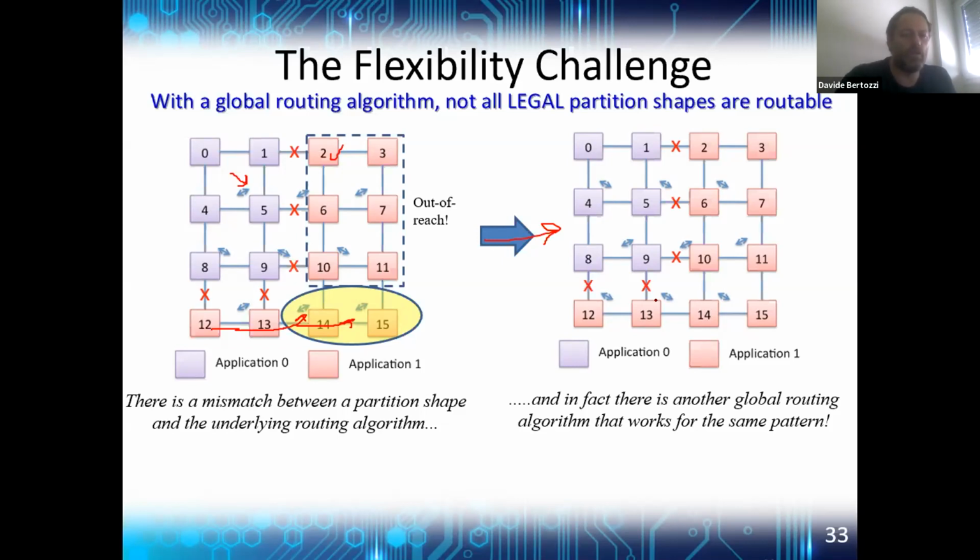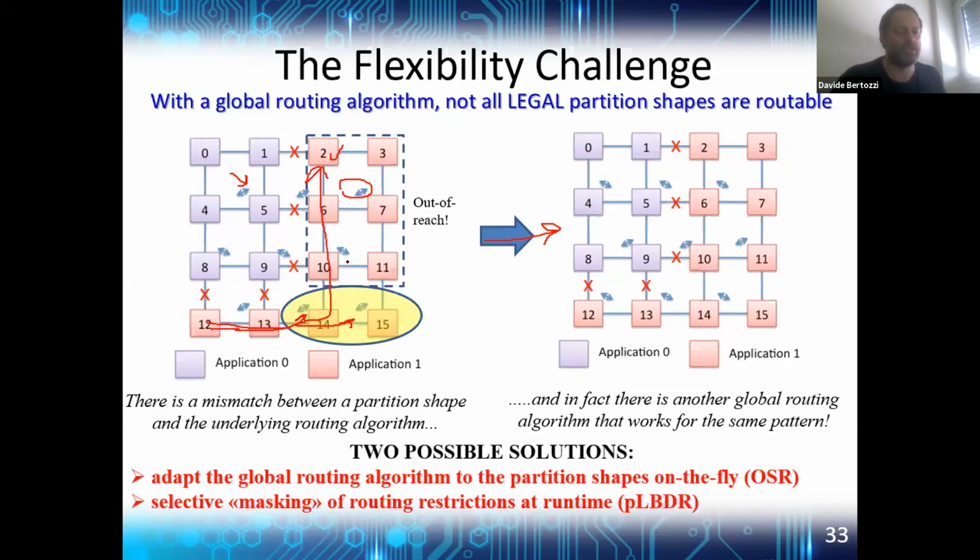So the partition shape here is legal for LBDR. LBDR works in this context. But the point is that routing restrictions are placed with respect to the network as a whole and not with respect to the partition shape, to the point that the shape and the routing algorithm are not compatible. How to solve this problem at runtime?